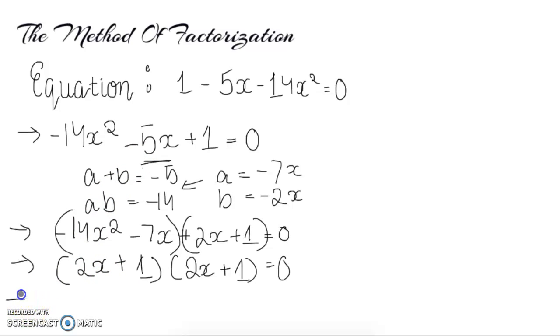In either case, we get 2x plus 1 is equal to 0. When we solve this like an equation, by isolating the variable and taking all the non-variable terms to the other side of the equation, we get x is equal to minus 1 by 2.